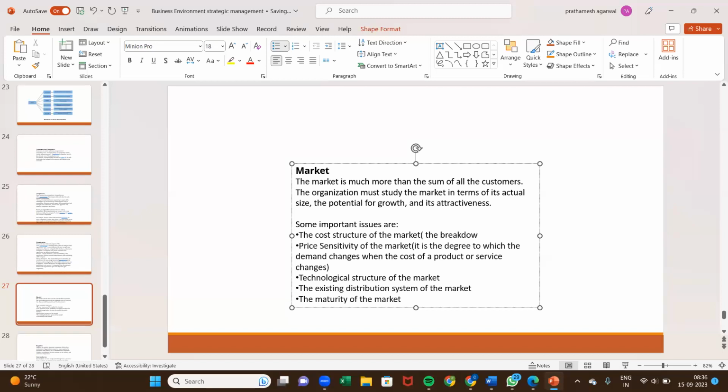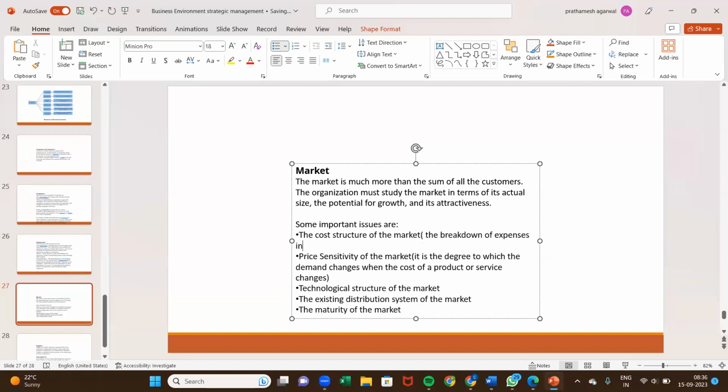Please write if you have a notebook: the breakdown of expenses incurred. Incurred means what we have spent, incurred in the process of promoting and selling the products, right?